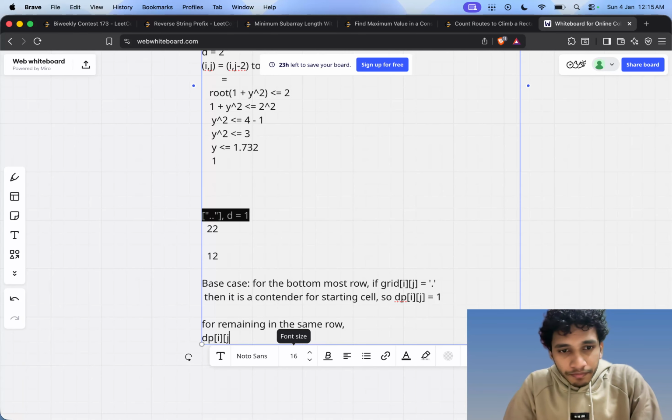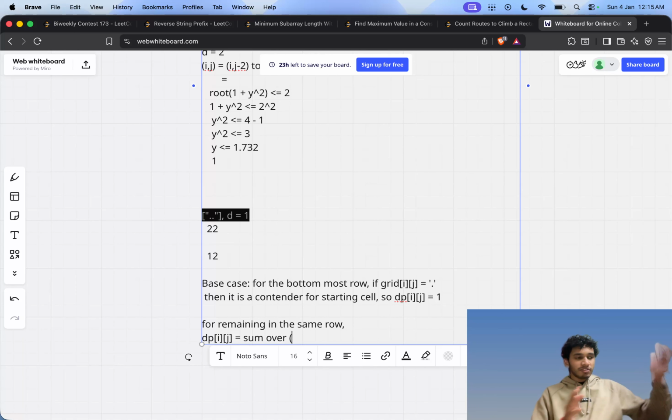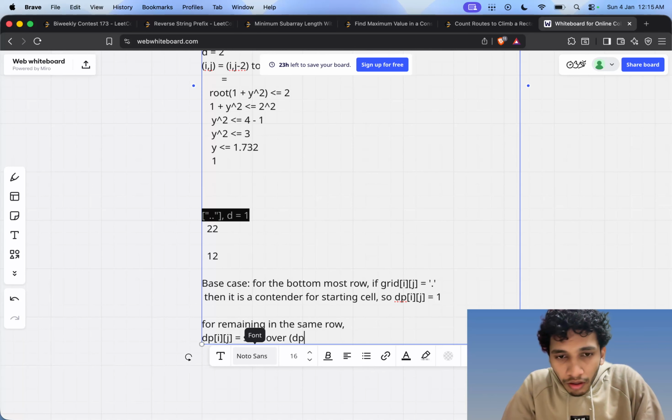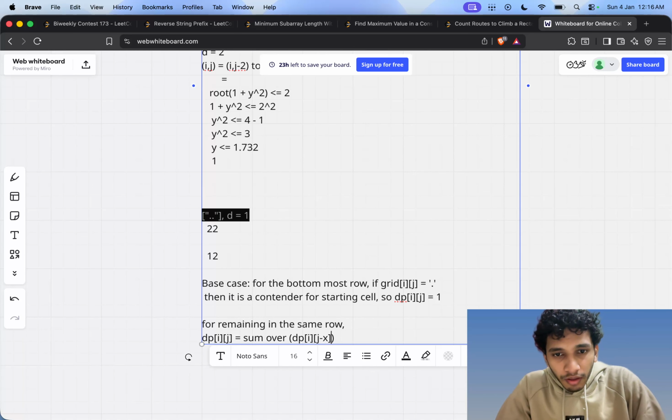dp at ij is equal to the sum over previous dp, the number of ways to reach that cell: dp at i, row remains the same, j minus x, let's say, where x varies from d to minus d.